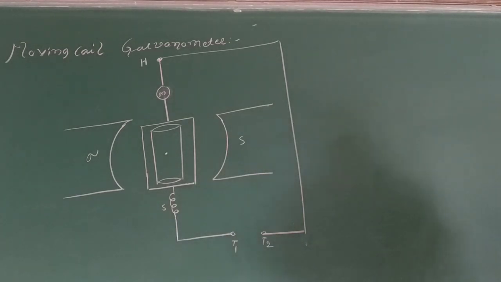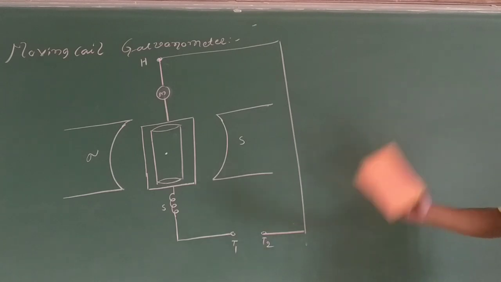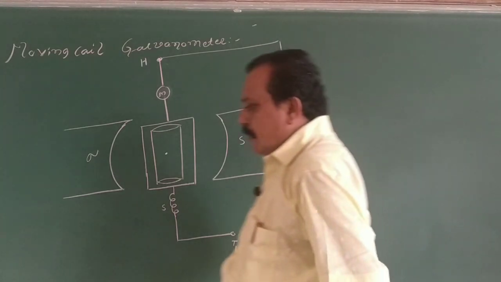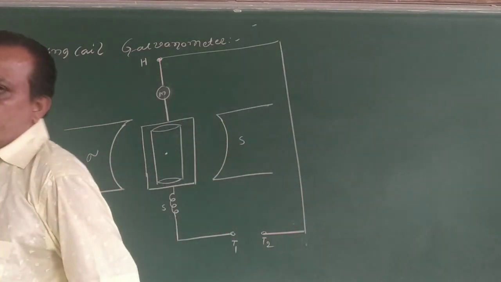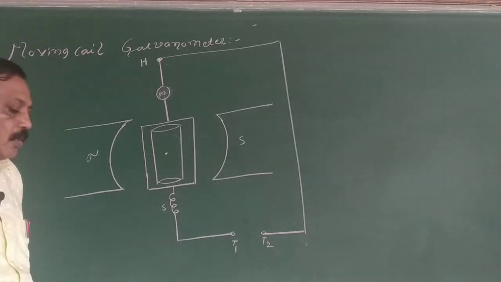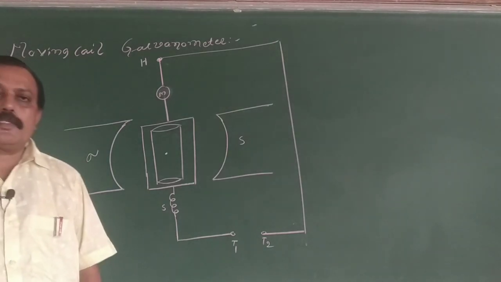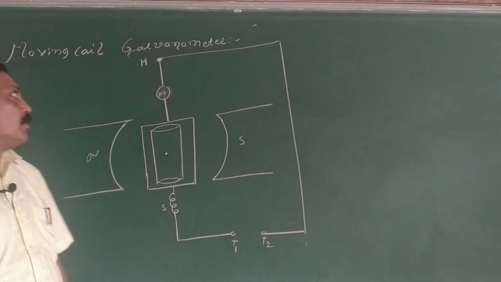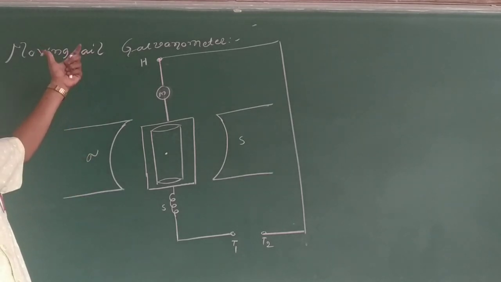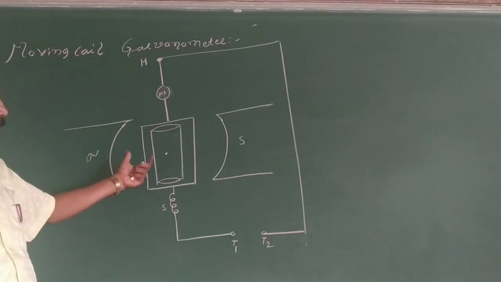Isn't it? Yes. Then it has its own theory, that is the theory of the moving coil galvanometer. For the examination section, we need what? The theory of the moving coil galvanometer. Now this is about the moving coil galvanometer construction and its working.